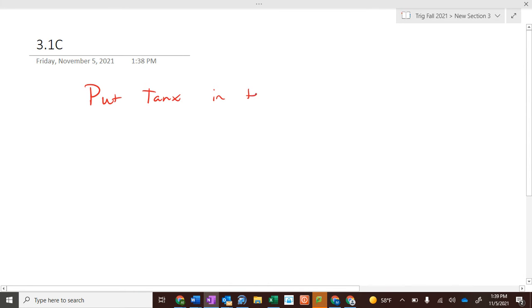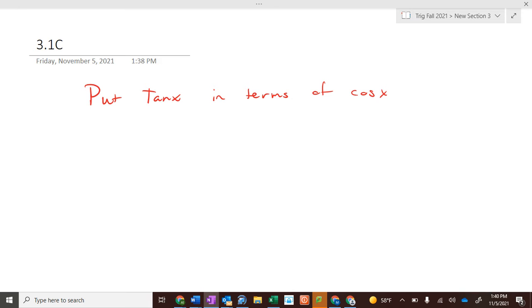Okay, so what we're going to do more of is what we just got done doing last time, if we were told to put cosine or tangent of x in terms of cosine of x. Now, putting tangent in terms of cosine is a little bit more difficult, okay?